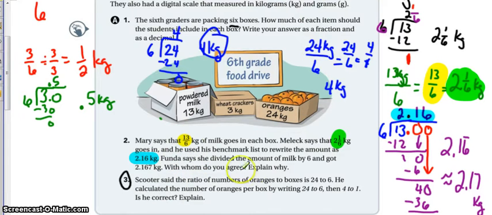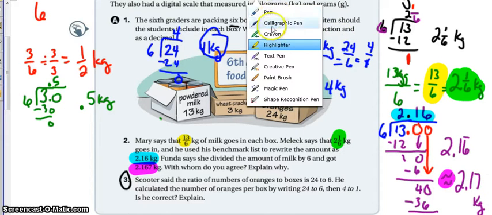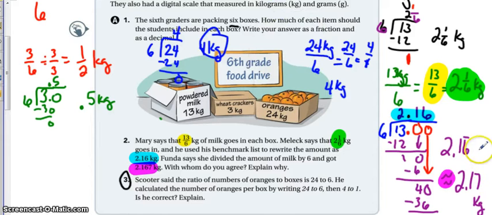And then we have Funda, and Funda says that she got 2.167. Well, when I use these little squiggly lines right here, that's what Funda did, but she rounded it to the nearest thousandth place, instead of the nearest hundredth. This is the hundredths place.